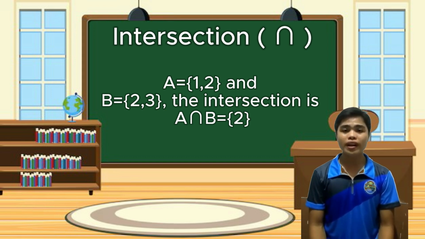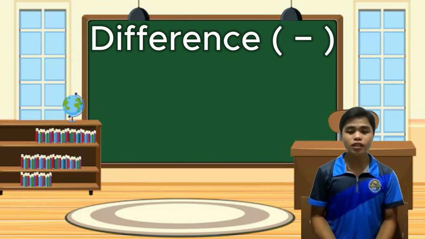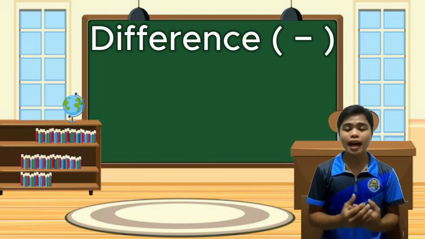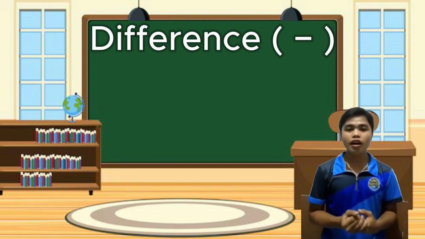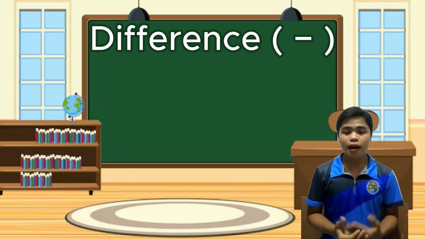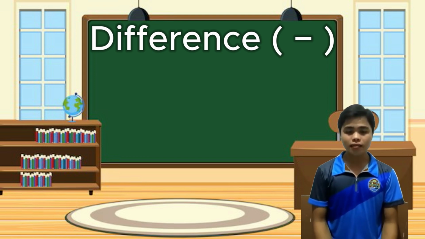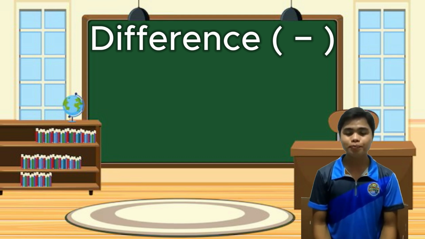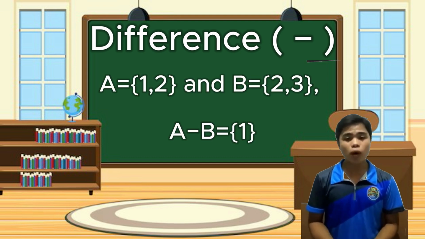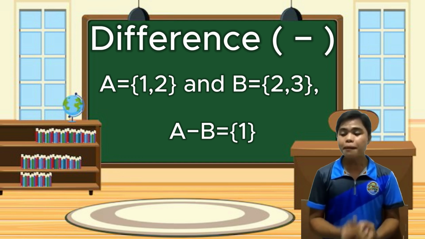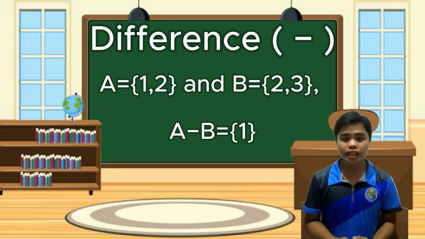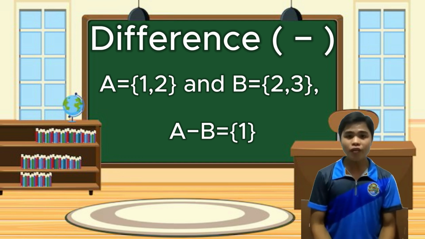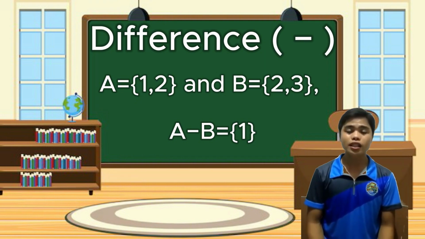Lastly is the difference. The difference of two sets contains elements that are in the first set but not in the second set. For example, if A is equal to 1 and 2 and B is equal to 2 and 3, then A difference B is equal to 1.